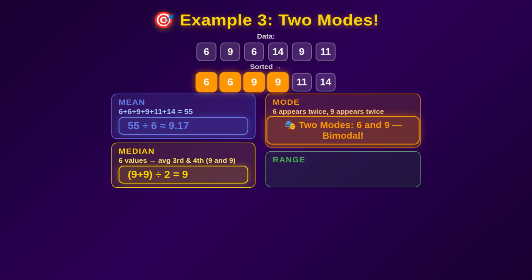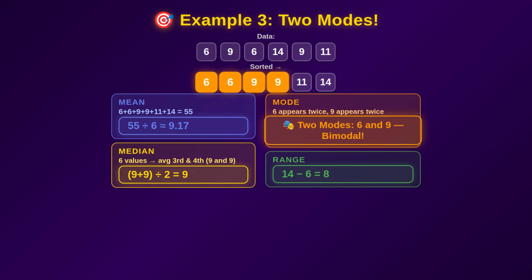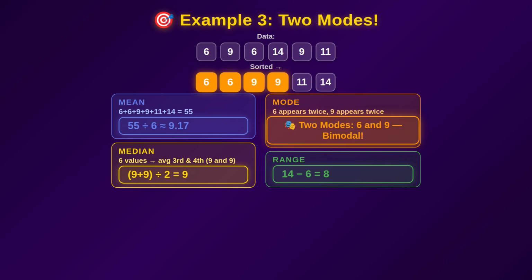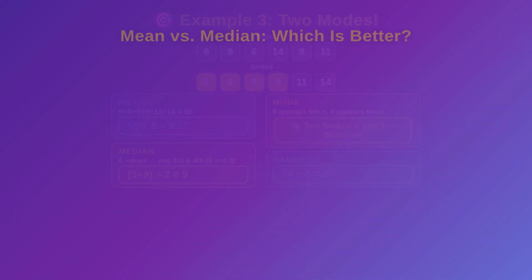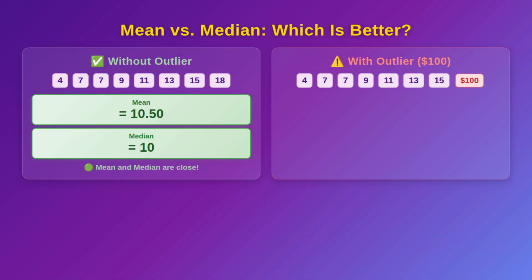Divide 55 by 6. That's approximately 9.17. Median: 6 values, so average the third and fourth, 9 and 9. 9 plus 9 is 18, divided by 2 is 9. Median equals 9. Mode: both 6 and 9 each appear twice, so we have two modes. This is called bimodal data. Range: 14 minus 6 equals 8.